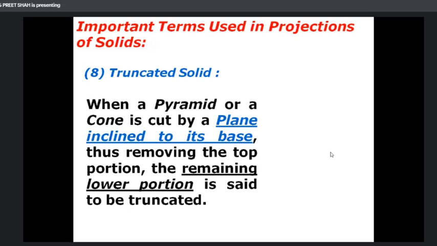In the previous example, the frustum of a solid, the cutting plane is parallel to the base, but here the cutting plane is inclined to its base. If I remove the top portion, the remaining lower portion is said to be a truncated solid. Go to the previous slide.